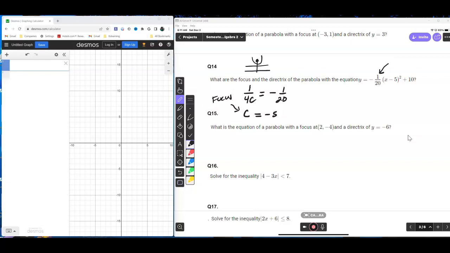So this right here is your focus, and I'm going to graph the focus so you can see the picture in Desmos. We have our focus, which is (0, -5). That's your focus.